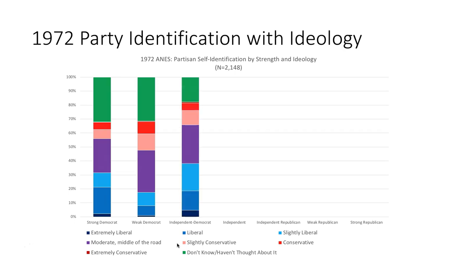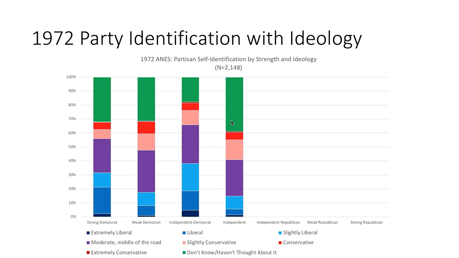Among independents, what's interesting is that less than 20% don't know or haven't thought about it, meaning that they have thought about their ideological perspective, and in fact, liberals were the most within the independent Democrats of the three Democratic identifiers. Notice, however, you still got some conservatives. Independents, fairly evenly distributed, but almost 40% don't know or hadn't thought about their ideological perspective.